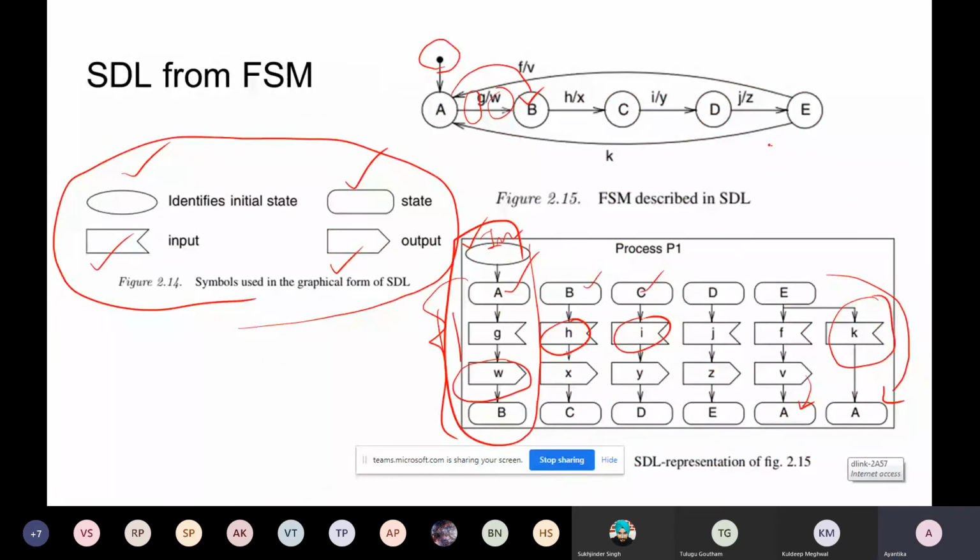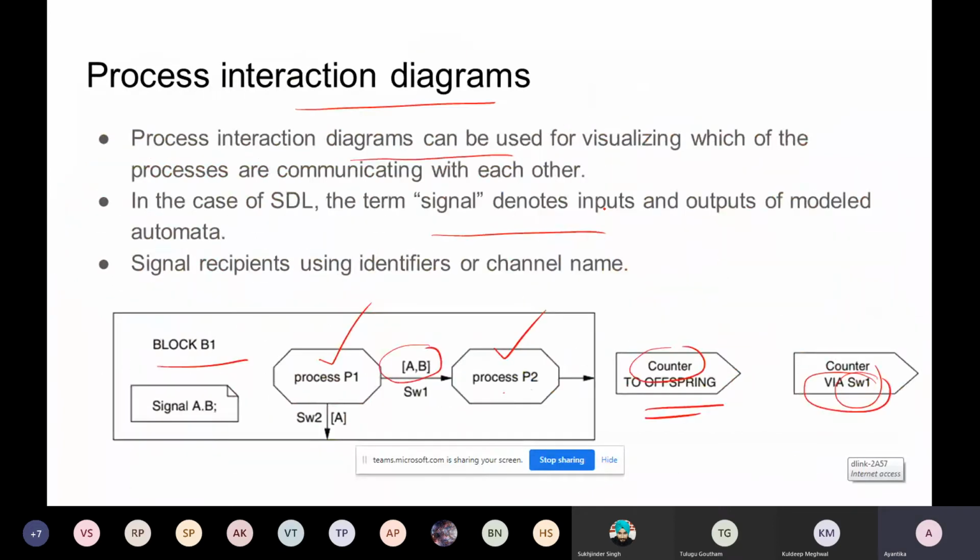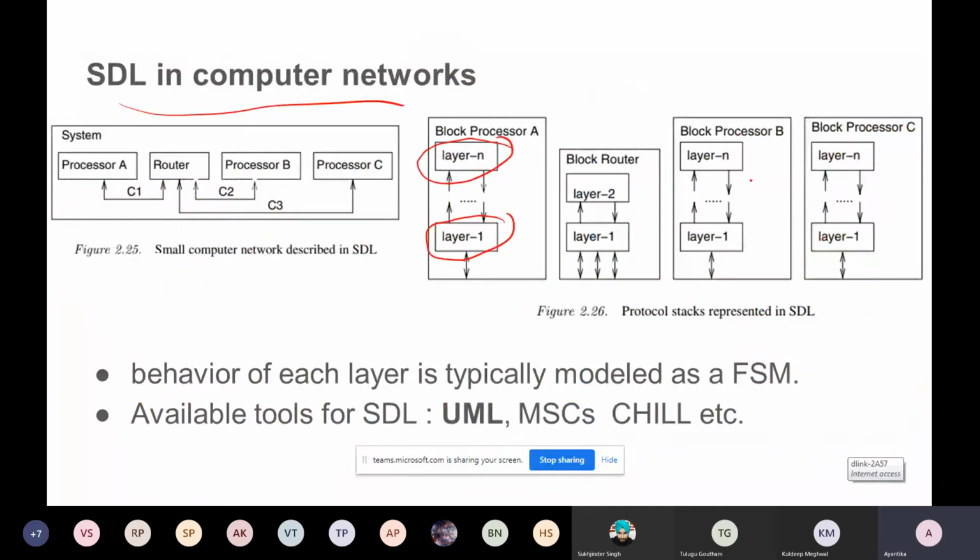You have one FSM and you are translating it to some language, representing it on the basis of the symbols related to your SDL. So this is the first step. This is how you are realizing these layers. Next, these layers inside one processor may have shared variables and they can communicate.